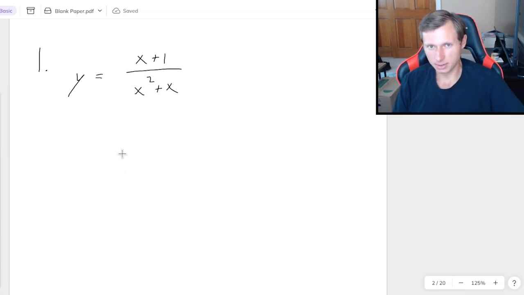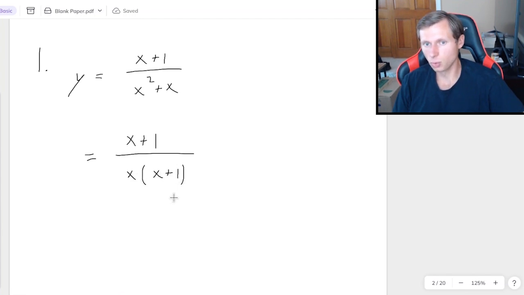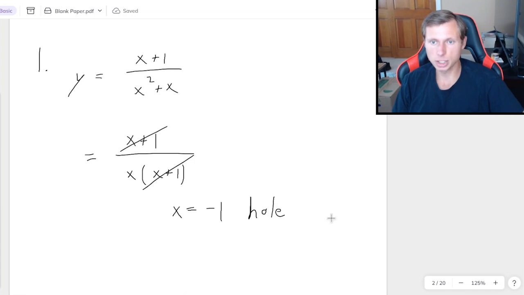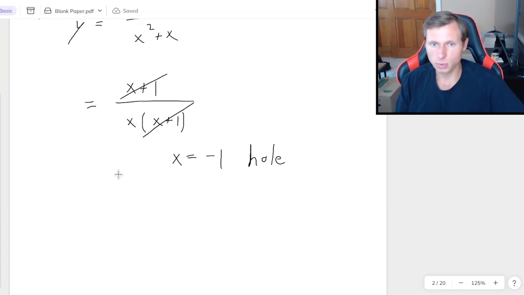Okay, so here we go. First thing I do is I say the numerator, don't touch it, can't be simplified. But the denominator can be, because it's x times the quantity x plus 1. I see that the x plus 1's cancel, which means that x equals negative 1 is going to be the location of my hole. That also means, what's left after the x plus 1 cancels?